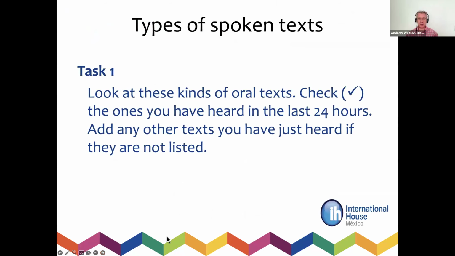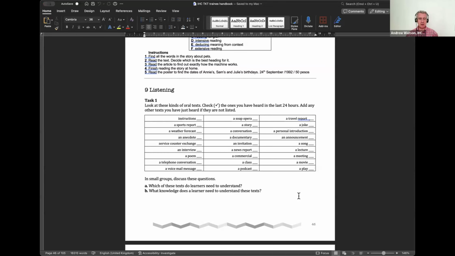Now, I'd like you to look at these kinds of oral texts and check the ones that you have heard in the last 24 hours. Add any other texts you have just heard if they are not listed. For this, you're going to need your handbook open at page 46 or unit 9.